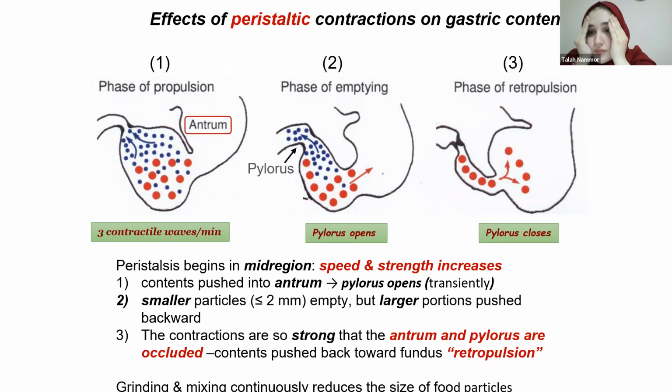Is this clear? So basically, in the retropulsion, we open the pylorus and the antrum, not antrum. No, on the contrary, we close them. In retropulsion, we close them. We shut them closed. So that after the pylorus is open and we get the food, the small particles to go back, we close the pylorus and then we crush them until they are small.